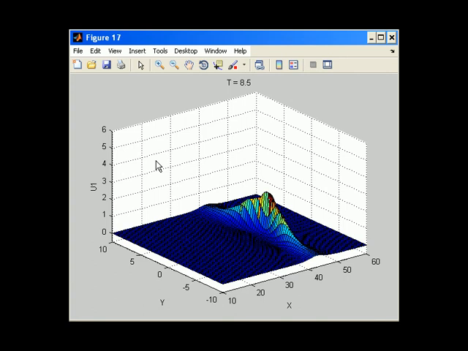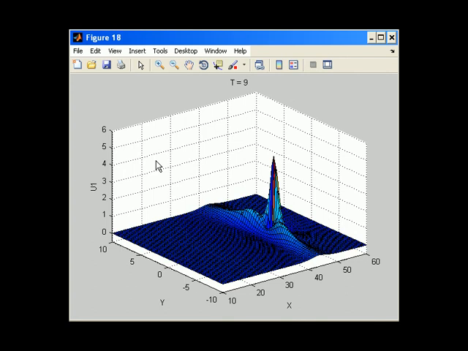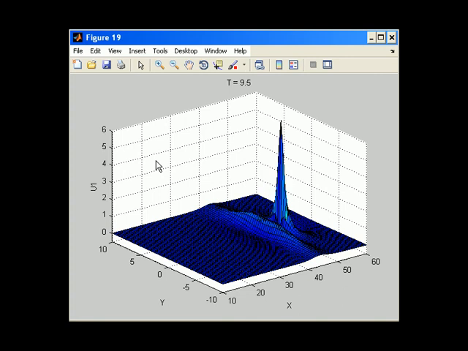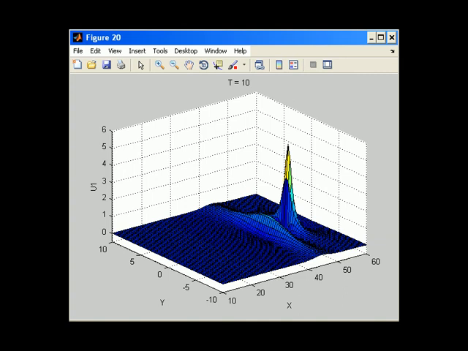Now finally the faster wave is starting to emerge ahead of the smaller one. Okay, we're done with this experiment.